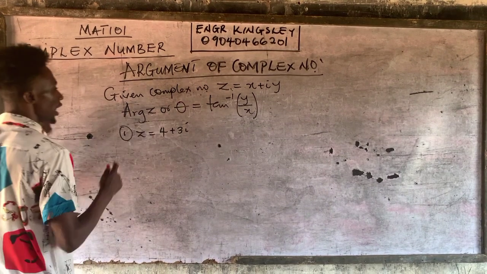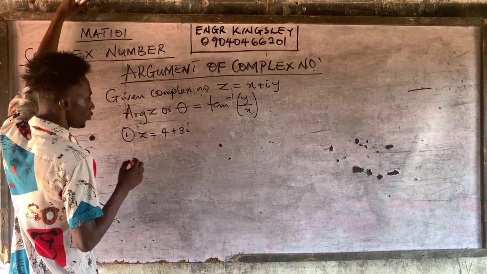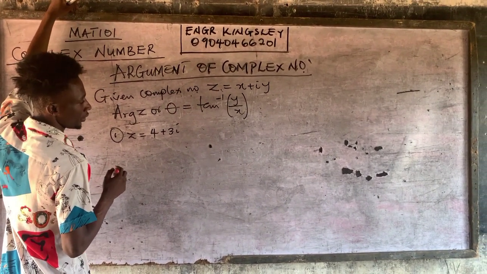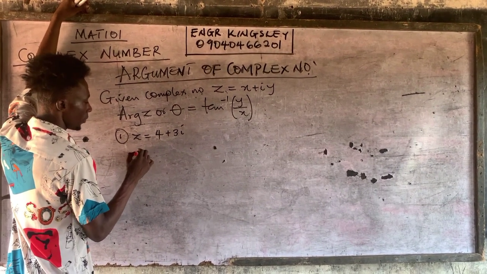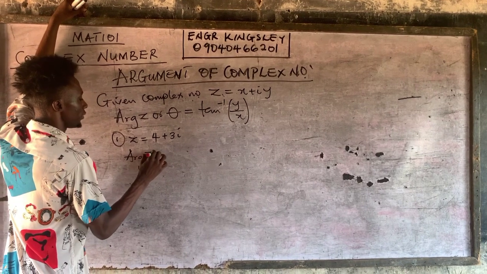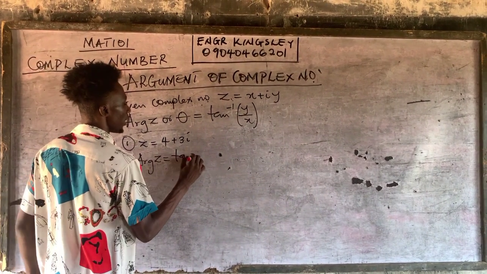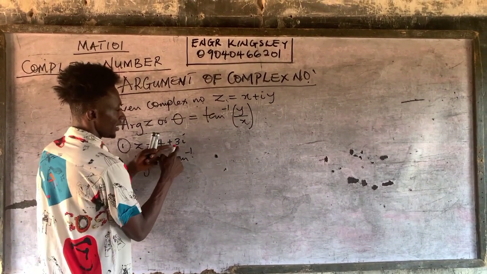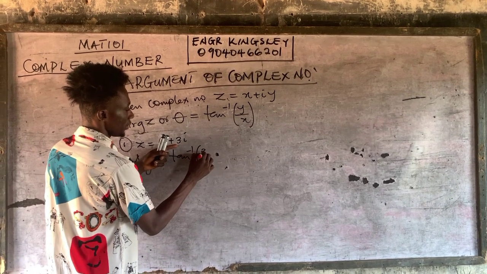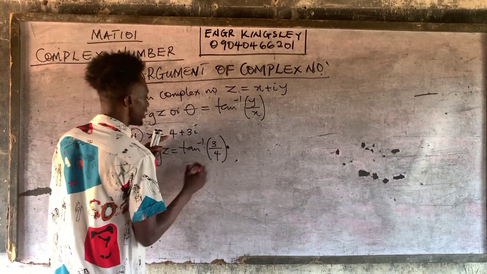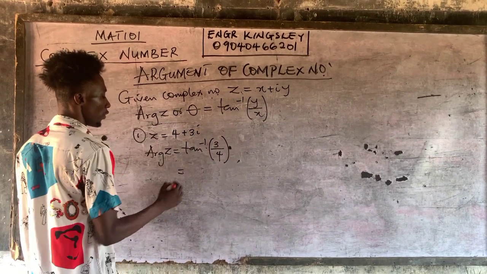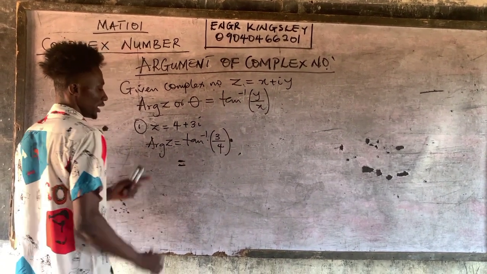If you want to find the argument of this complex number, one will be tempted to do something reasonable by having z equal to tan inverse of 3, which is the y, over x, which is 4. So if I take the tan inverse of 3 over 4, I will get the theta or the argument of this complex number.